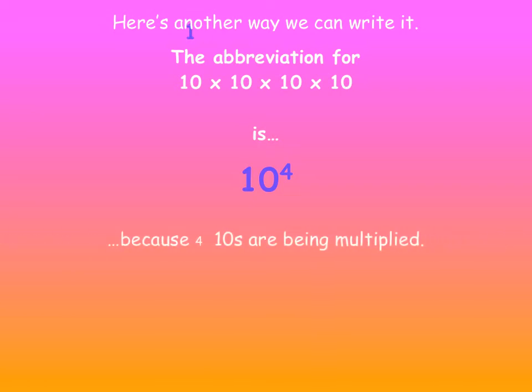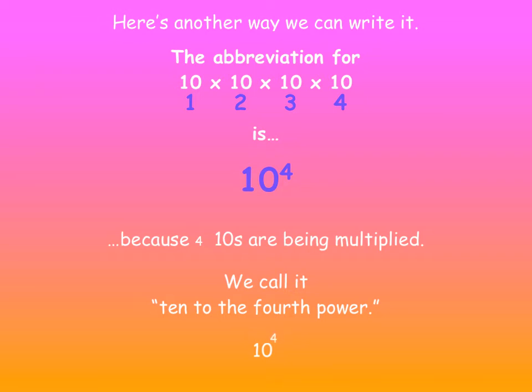Because 4 tens are being multiplied, 1, 2, 3, 4 of them, we call it 10 to the 4th power. A small number written up here is called an exponent.